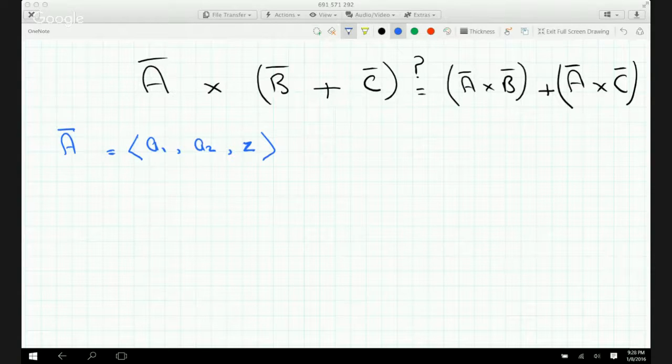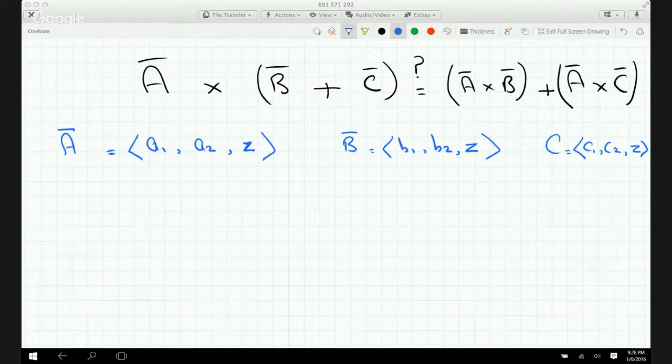And then vector B would be B1, B2, and Z. And vector C would be C1, C2, and Z. This means that the three vectors are coplanar, right? They lie in the same plane.